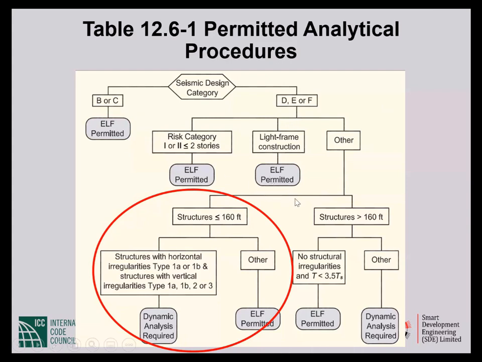The important thing is, for seismic design categories B and C, dynamic analysis is never required. For design categories D, E, and F, if it is a tall building more than 160 feet of height, ASCE 7-05 will allow equivalent lateral force procedure only if the structure has no irregularity and if the period is less than 3.5 times the transition period, which is about half a second.